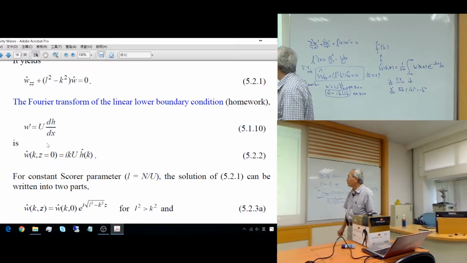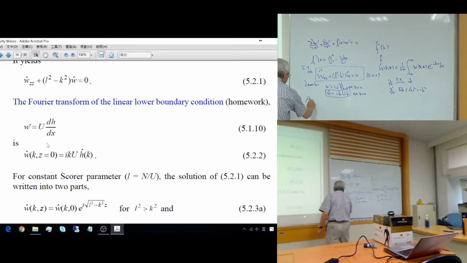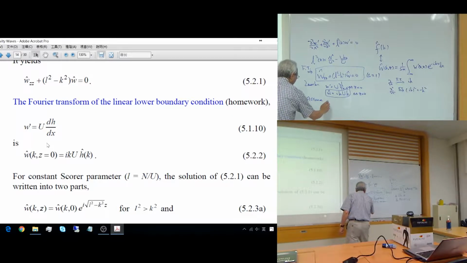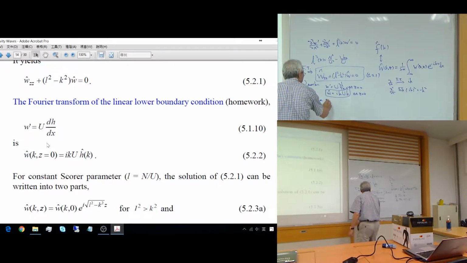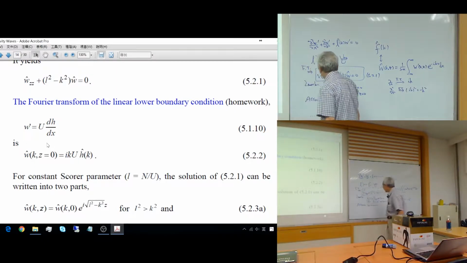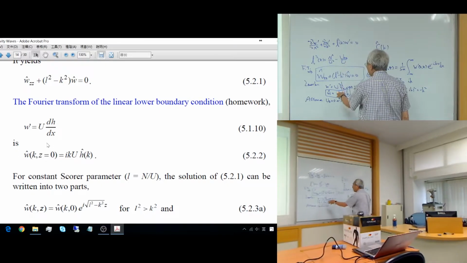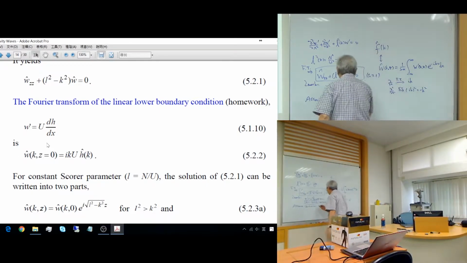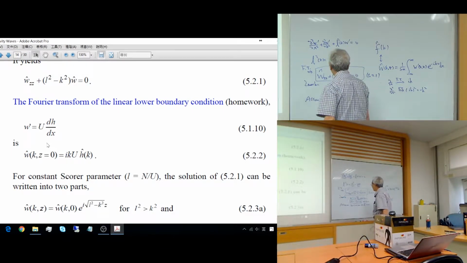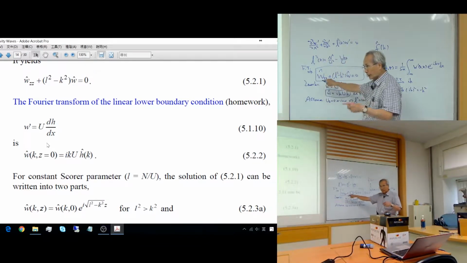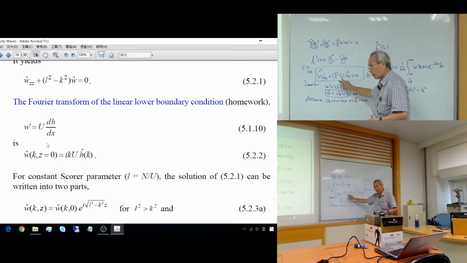Next we make one more assumption: that U_zz is 0 or constant. So there's no shear or constant shear, and then this term will be gone. That means L² will be equal to a constant, so we have a second order differential equation with constant coefficients.